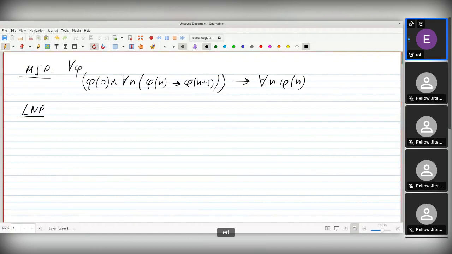Another form was the least number principle. It is something else. It is not about universal properties, but about something that exists.